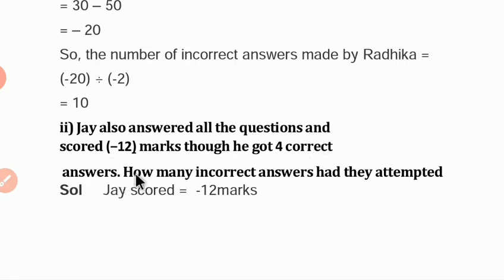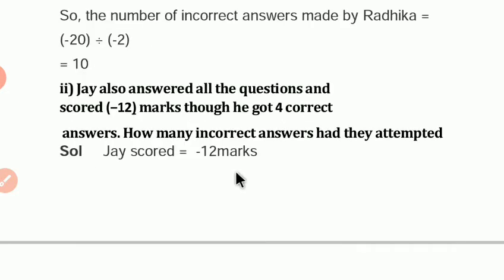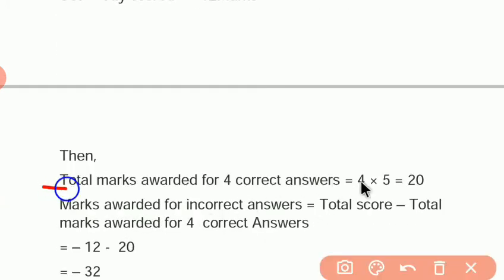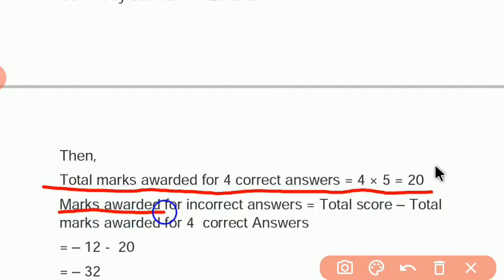First we'll write the given data. J scored how many marks? Minus 12 marks. And he has done how many correct answers? 4 correct answers. Then total marks awarded for 4 correct answers is 4 into 5, which is equal to 20. As plus 5 is awarded for one correct answer, so for 4 correct answers he will get 4 into 5, 20.